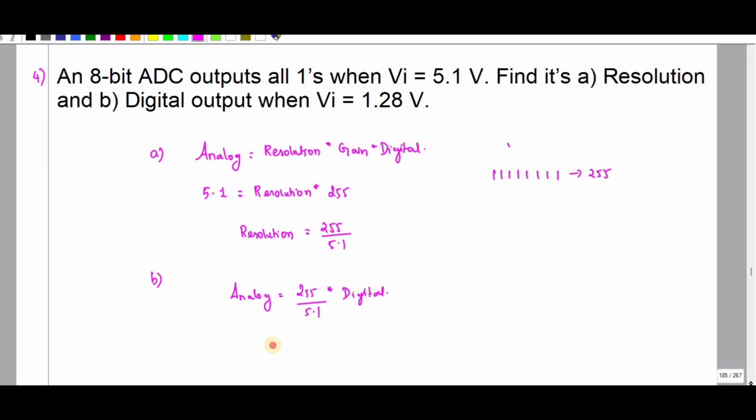So what is the digital value now? Digital value is equal to 5.1 divided by 255 into the analog value. Analog value is your input value, that is 1.28.